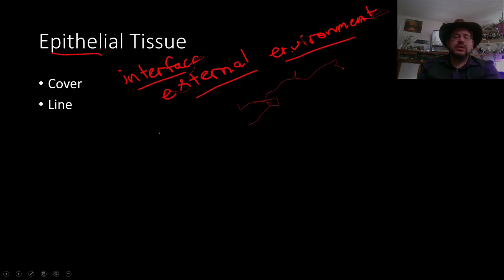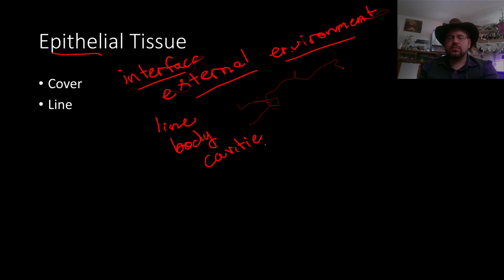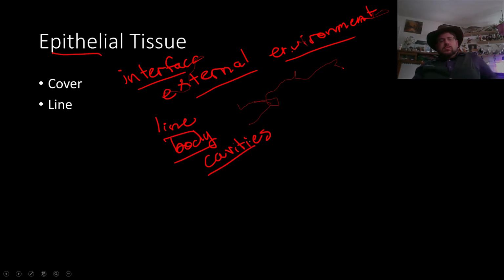They also line body cavities, right? So your big central body cavity where all your organs, your viscera are, have epithelial linings that secrete fluid to keep friction down.